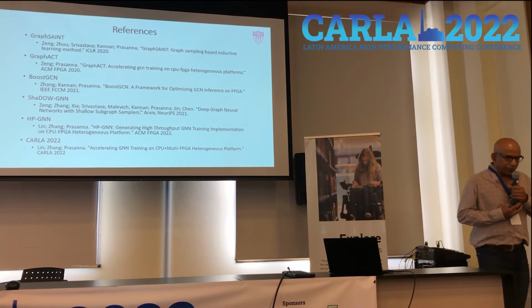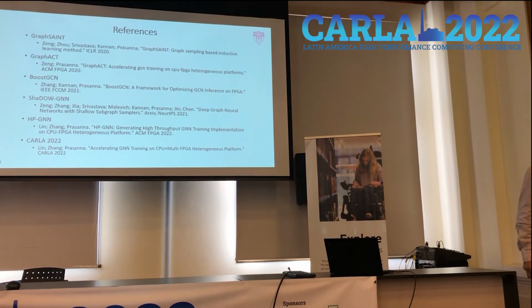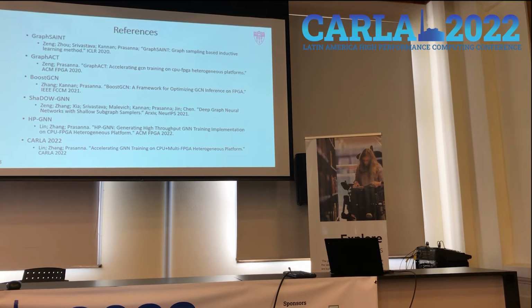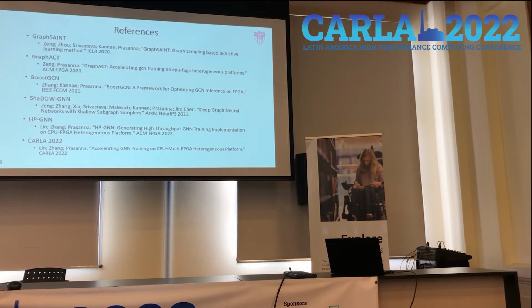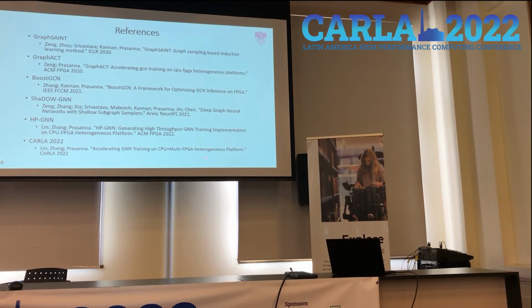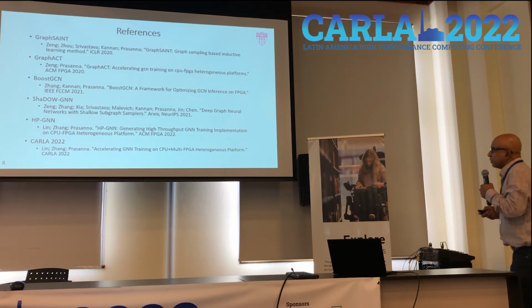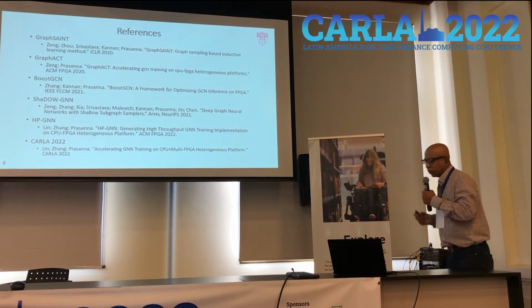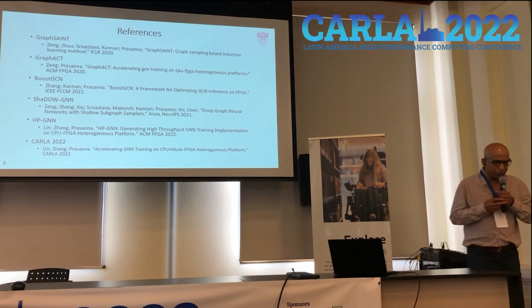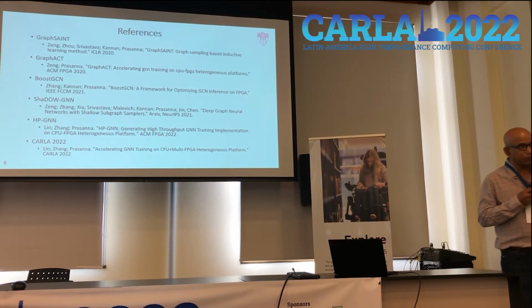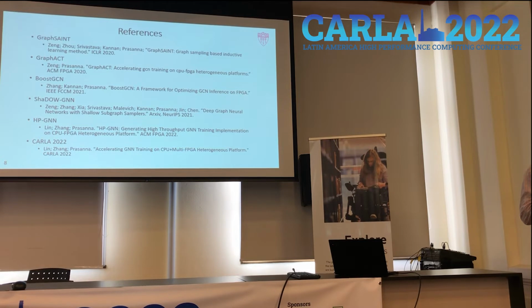We have been doing significant work in this context over the last several years. I've just listed some publications here, which lead us to this particular paper in this conference, which is looking at how we accelerate if we have a CPU and multiple FPGAs in the device. The previous work has been focused on developing new GNN models. These GNN models have been evolving over a long period of time, in the last 15 years or so.